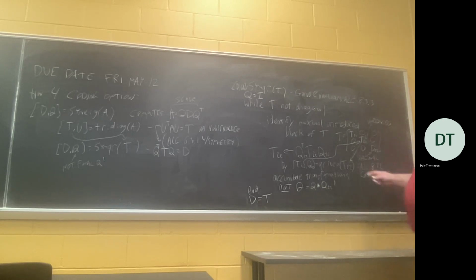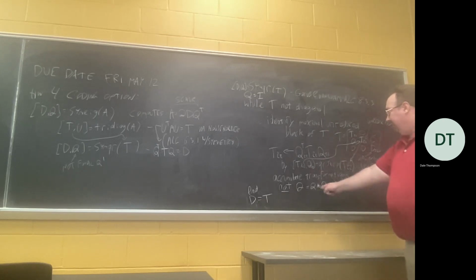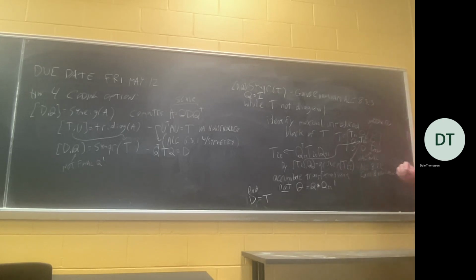Because what is Q22? Q22 is a product of Givens rotations that act on certain columns. So, although it would not make sense to multiply these matrices, you are multiplying something by Q22.